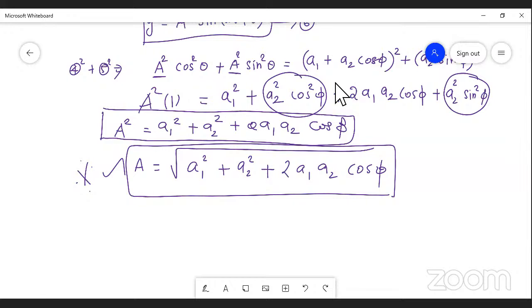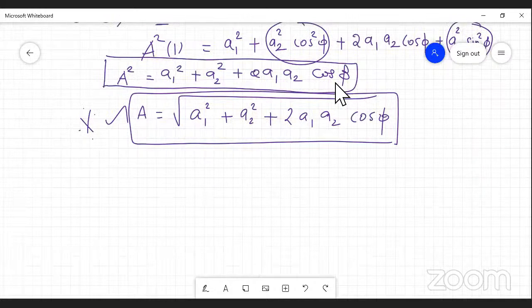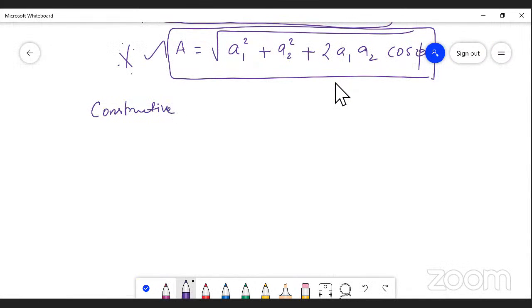Constructive interference: the amplitude is maximum. What is the amplitude of the resultant?